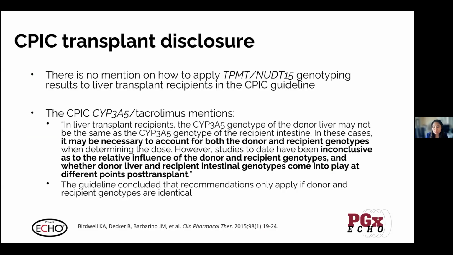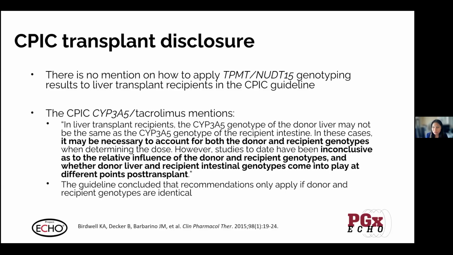However, the CPIC CYP3A5 tacrolimus guideline has a little paragraph in which they mention that in liver transplant recipients, the CYP3A5 genotype of the donor liver may not be the same as the recipient's intestine. In this case, it might be necessary to account for both the donor and recipient when determining the dose.